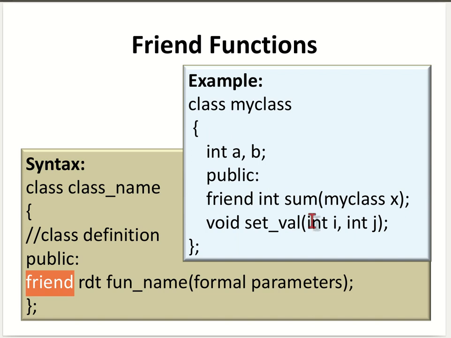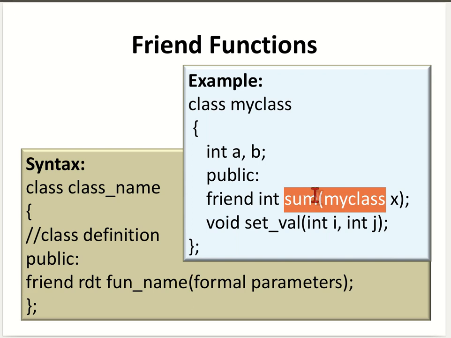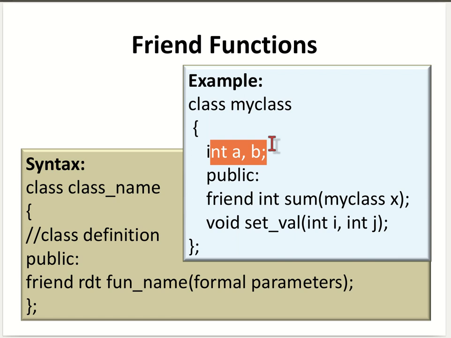Which function is the friend here? The sum is the friend of my class. And what is the peculiarity of this sum? It can access my class object's private variables a and b.